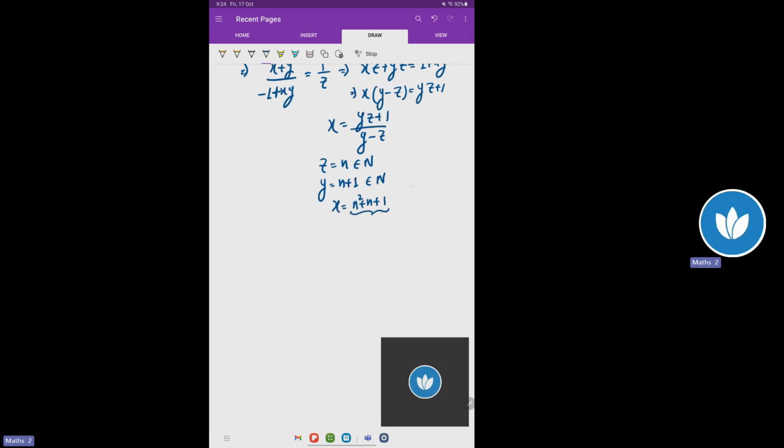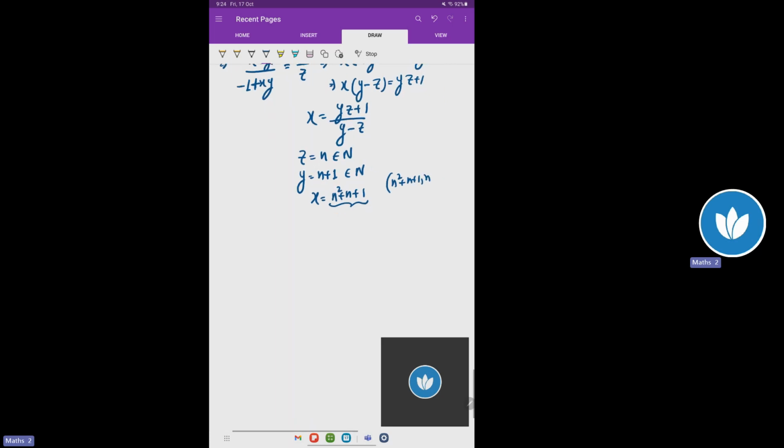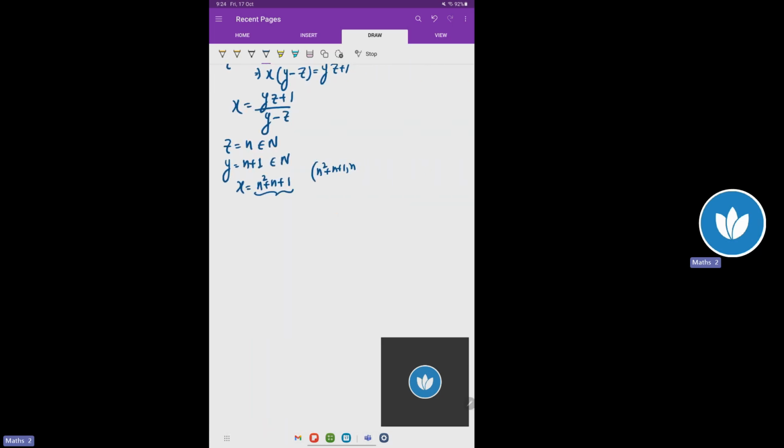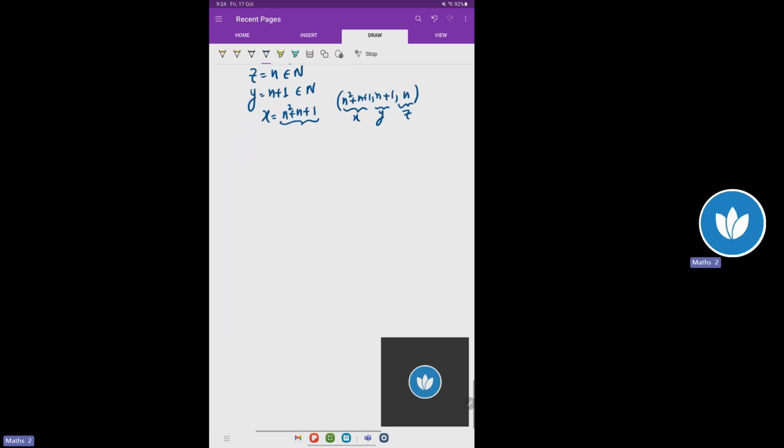Now these three triplets, n square plus n plus 1, n plus 1, n. So this is your x, this is y, and this is z. This will always satisfy the desired equation, and obviously there are many such possible triplets. So we see its answer would be infinite.